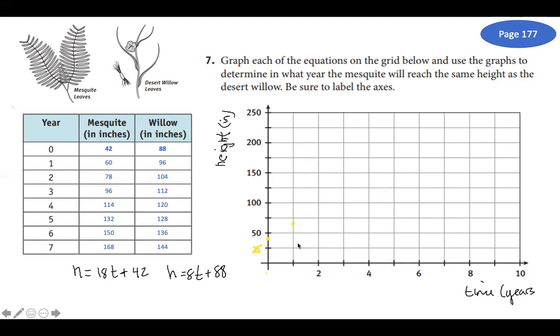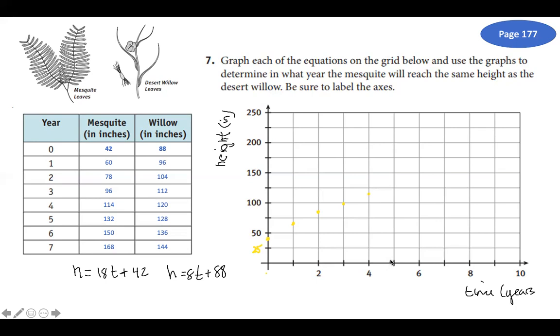So about there. For 2, it's 78. So this is 75, so a little bit more than 75. For 3, it's 96, which is almost 100. For 4, it's 114. See, maybe 125, so somewhere there.